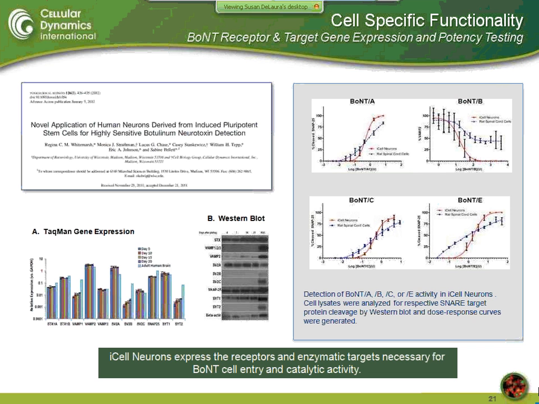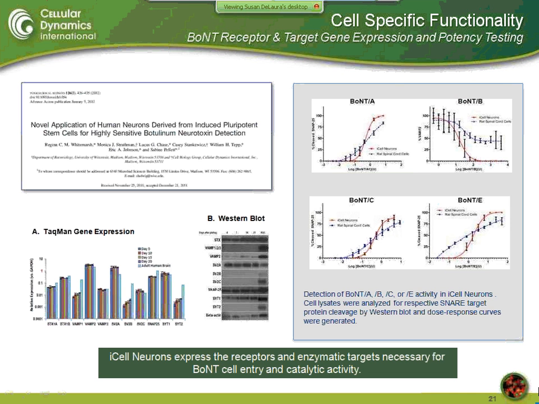The cells are also very useful in doing another type of toxicity testing. This is showing it being used for potency testing of botulinum neurotoxin. There is a paper out that describes this whole process, and it came out of Eric Johnson's lab at University of Wisconsin-Madison.